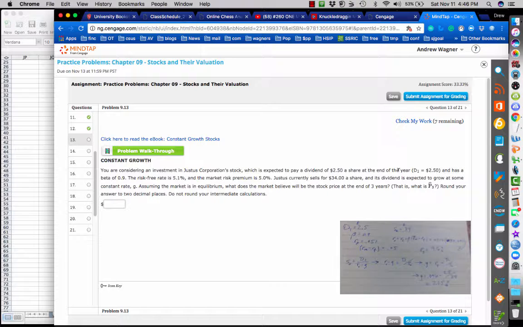D1 over R minus G turns out to be, well, we need the growth rate, G. So we rearrange that equation to get the growth rate equal to the total required return on the stock minus the dividend over the stock's price. So basically subtract the dividend yield and you're left with capital gain, which is what G is equal to, so 2.25%.